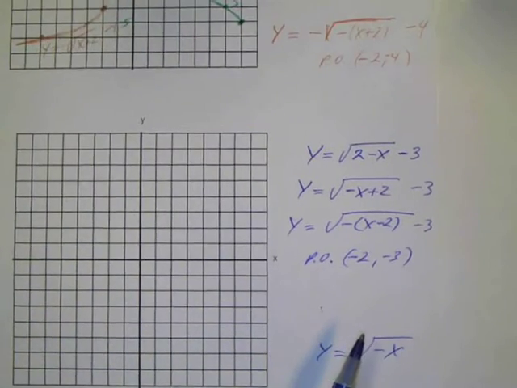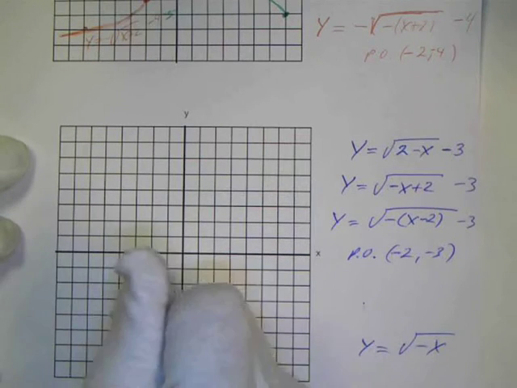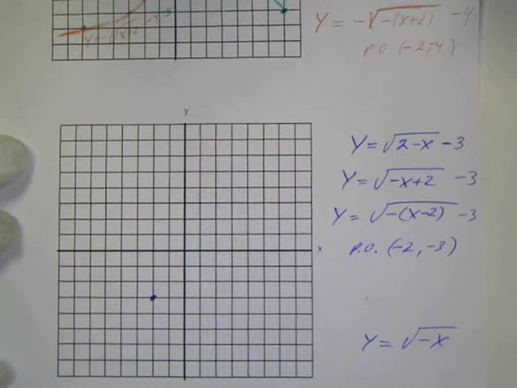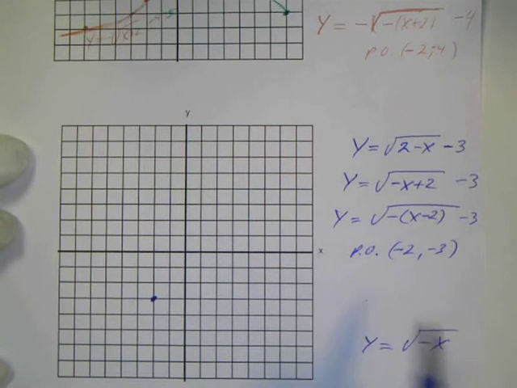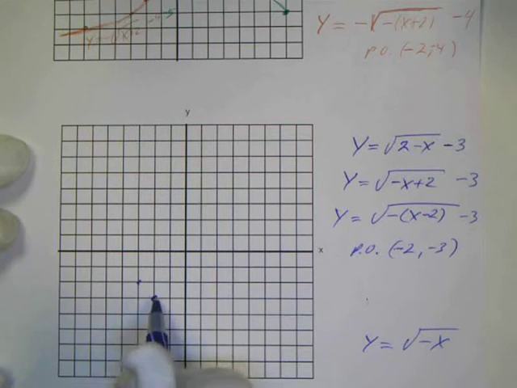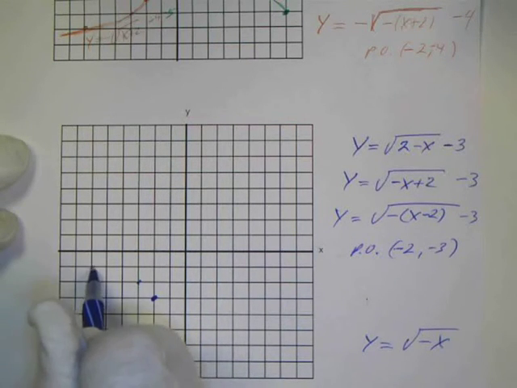Okay. So we put our point of origin down, which is going to be negative 2, negative 3. All right. And then we're going to go over 1, up 1 to the left, or to the left 1, up 1, and to the left 1, 2, 3, 4, and up 2.